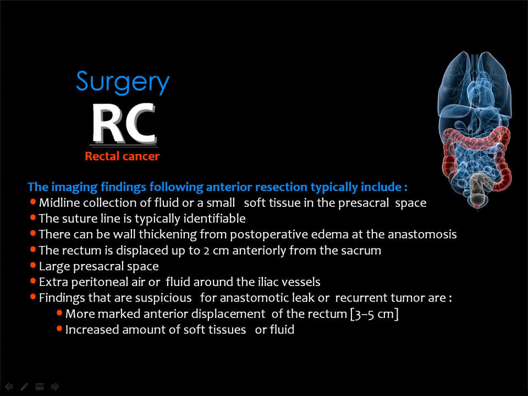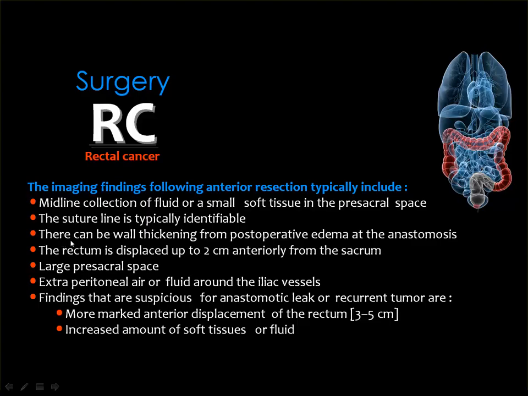Then the imaging following anterior resection, after you remove this part of the colon, you got midline collection of fluid or a small soft tissue mass in the presacral space representing postoperative granulation tissue. Also, you see the sutures, which are typically radio opaque in the CT scan.